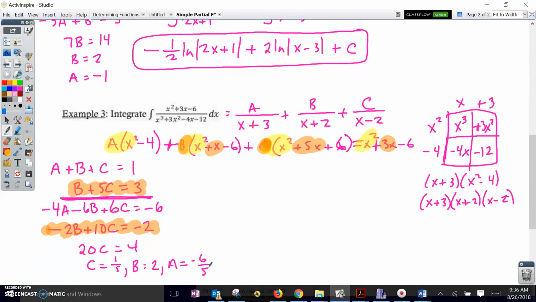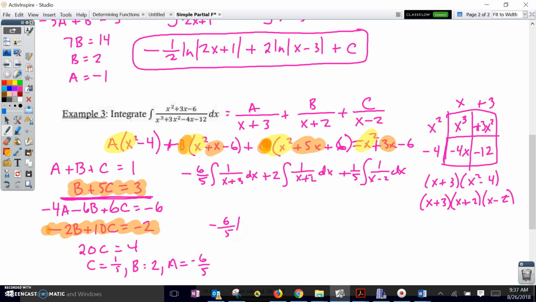So my integral becomes negative 6/5 integral of 1 over x plus 3 plus 2 integral of 1 over x plus 2 plus 1/5 integral of 1 over x minus 2, and so this ends up becoming negative 6/5 natural log of the absolute value of x plus 3 plus 2 natural log of the absolute value of x plus 2 plus 1/5 natural log of the absolute value of x minus 2 plus c.